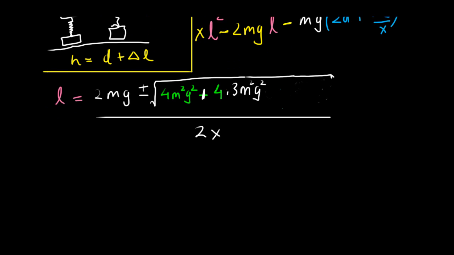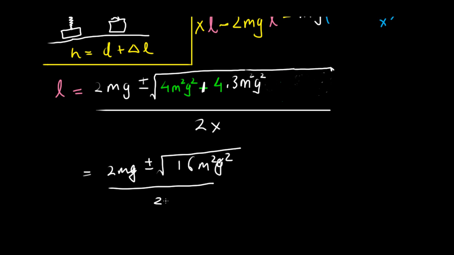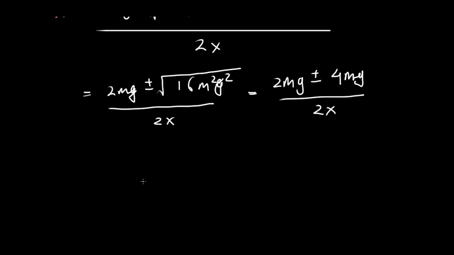Okay, and now let us finish this off. So this becomes 2mg plus or minus the square root of 4m squared g squared plus 12m squared g squared, that is 16m squared g squared, over 2x, and that is equal to 2mg plus or minus 4mg over 2x. So that is equal to, I'll write two solutions because there is plus or minus.